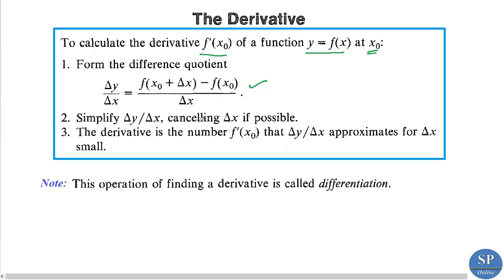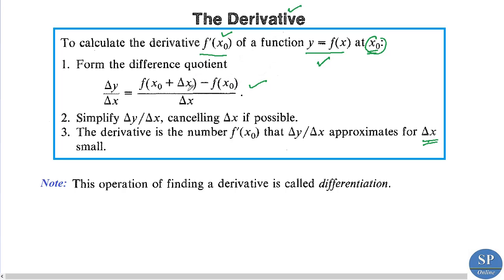Then the derivative f dash of x naught can be obtained by approximating the difference quotient delta y by delta x for small values of delta x. So that is the method to find the derivative.